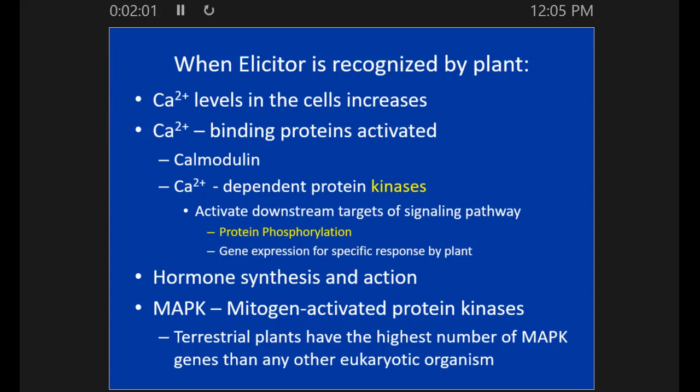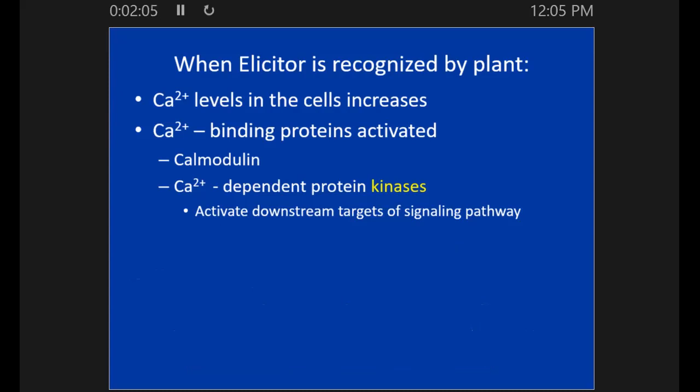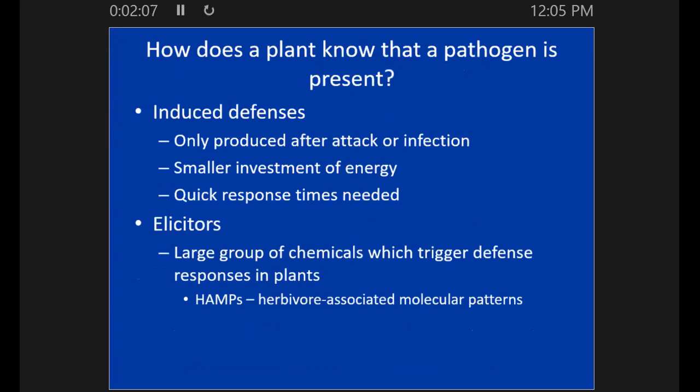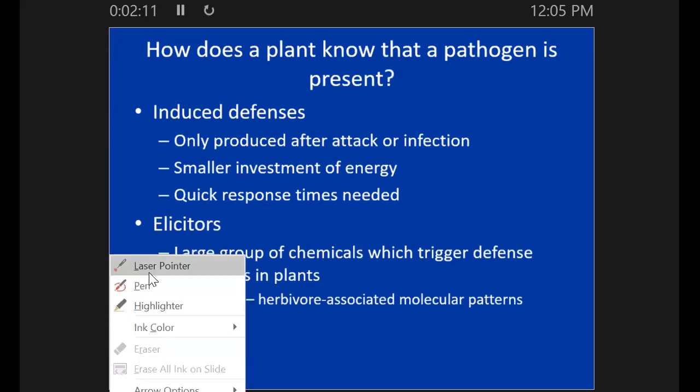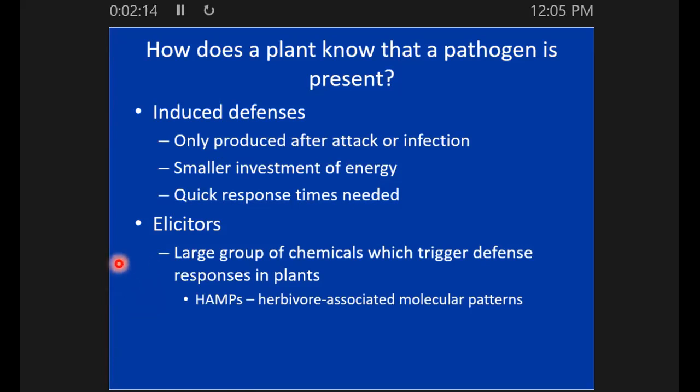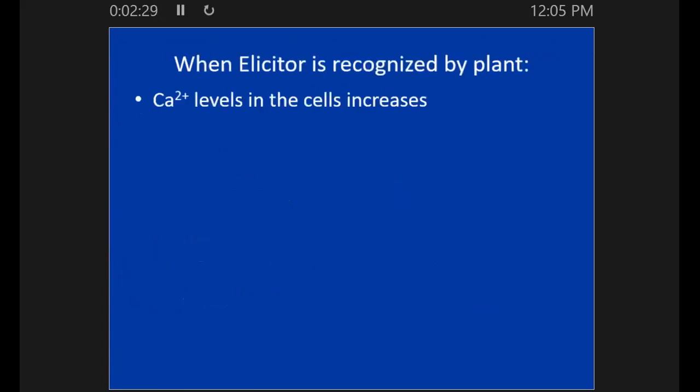I think in the previous slide we were looking at that definition of an elicitor, where there's lots of elicitors out there, but it's usually something that is coming from the microbe or the insect that the plant is recognizing. And from that recognition, it will mount a defense.